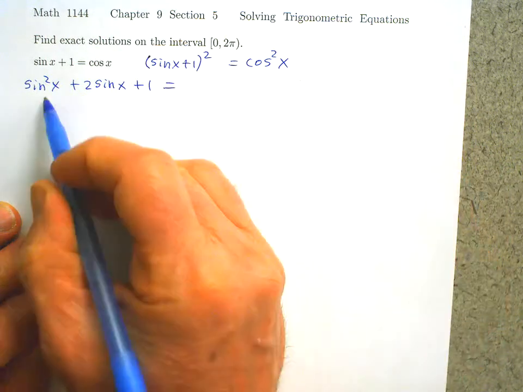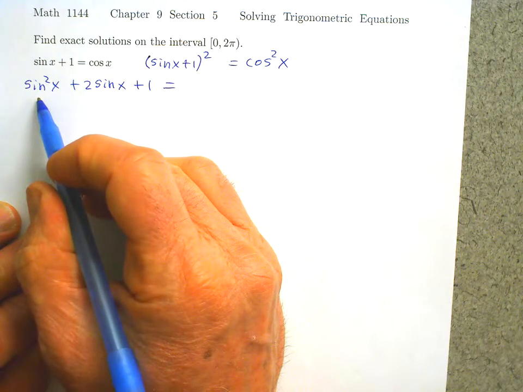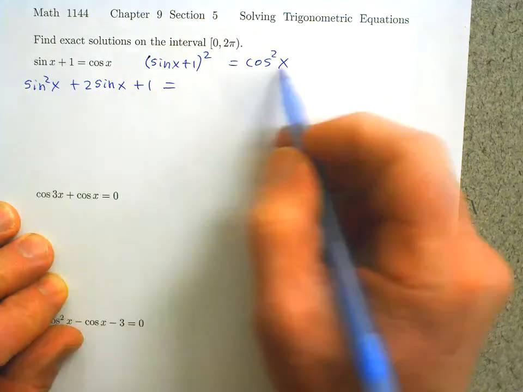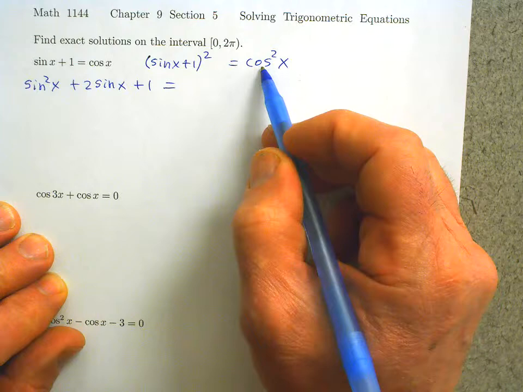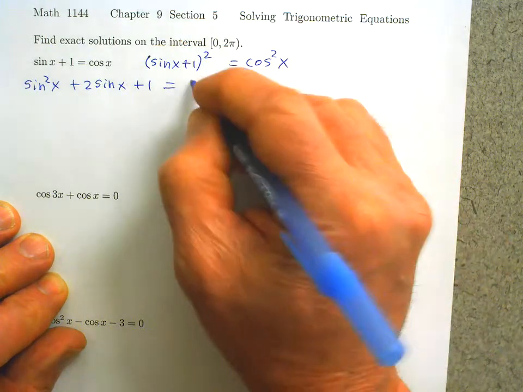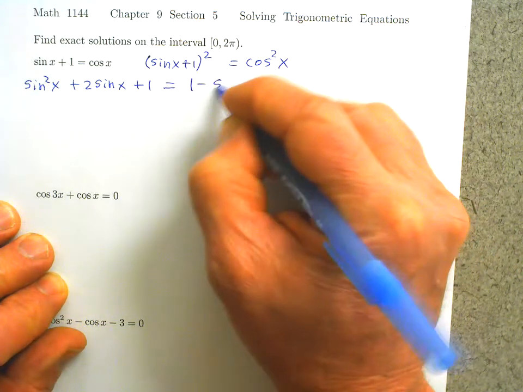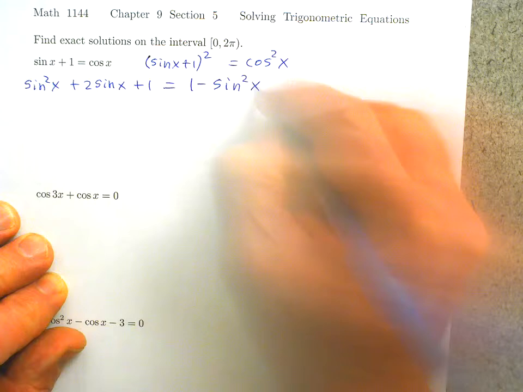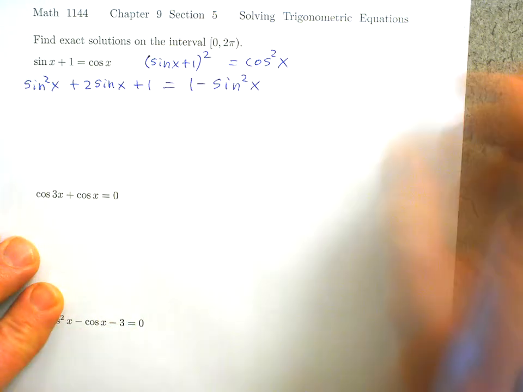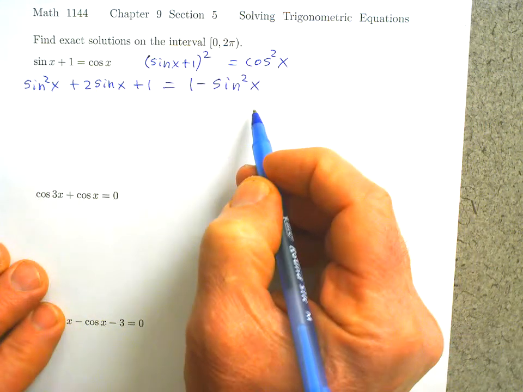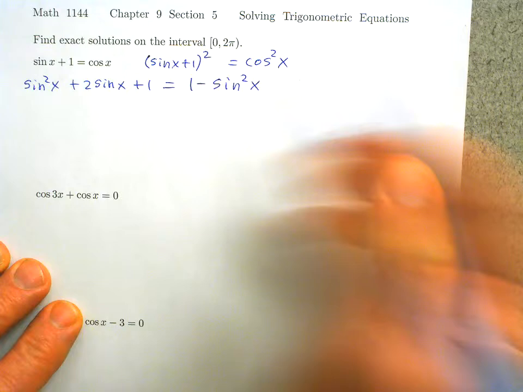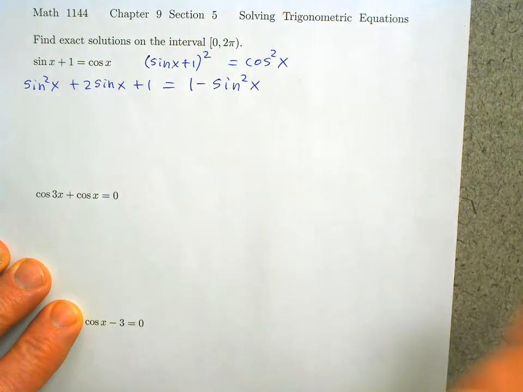But since the terms on the left-hand side involve sine, I'm going to replace cosine of x squared with 1 minus sine of x squared.